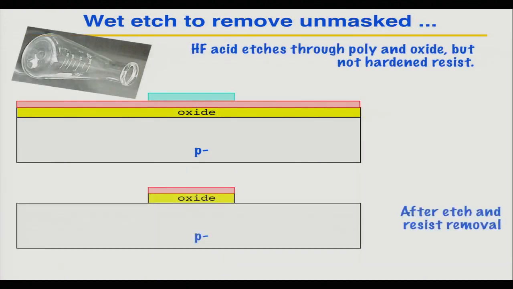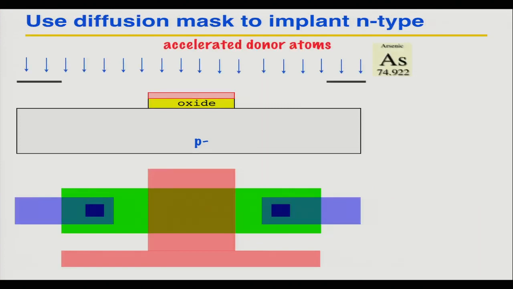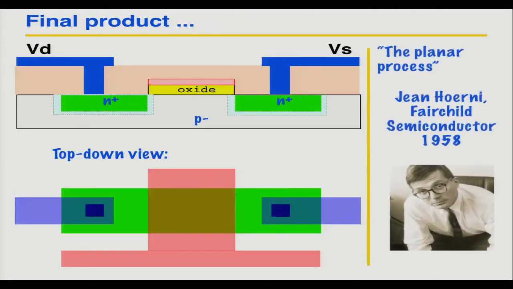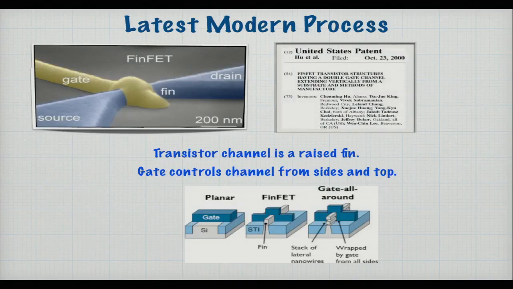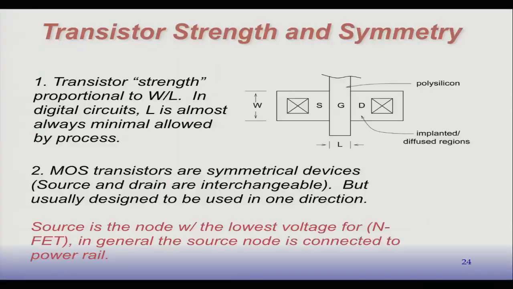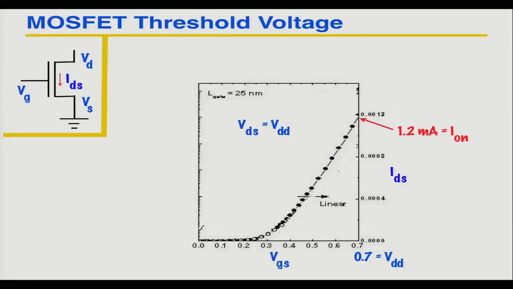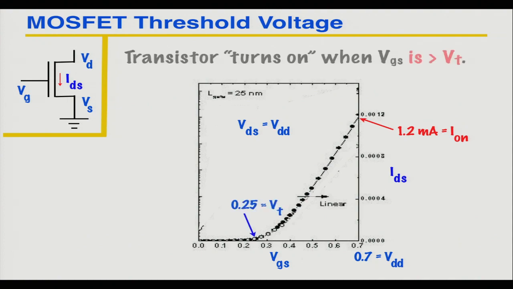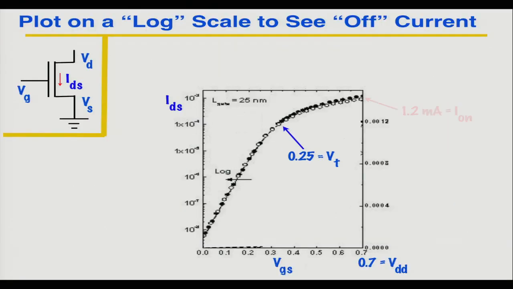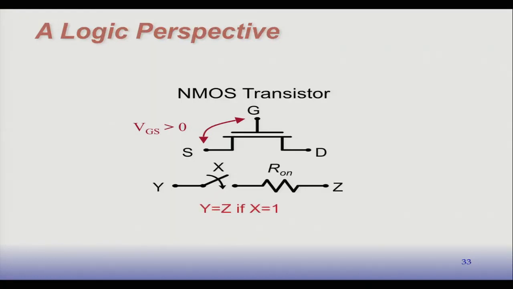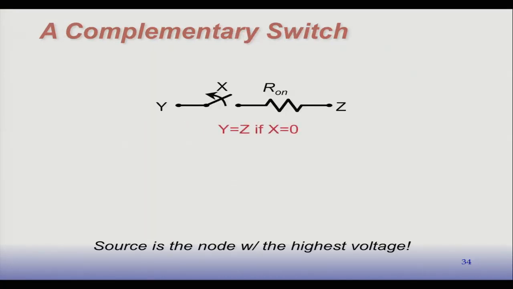If you're really interested in this, there's some nice courses here you can take to learn this in greater detail. And then we started talking about CMOS transistors, and we talked about the various models that we use for transistors as switches or as resistors. And then eventually we got to some simple circuits.